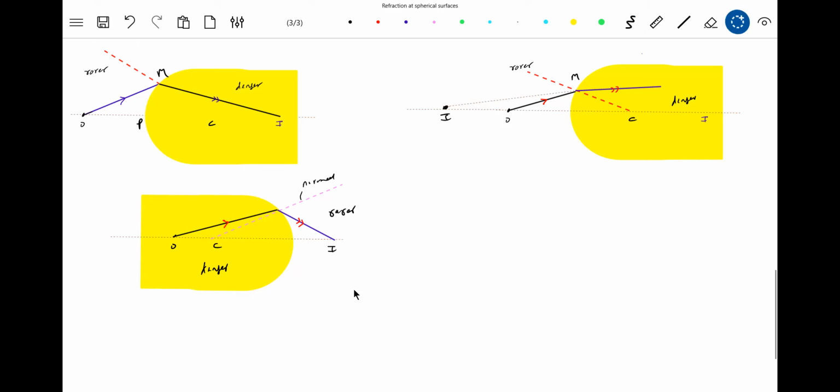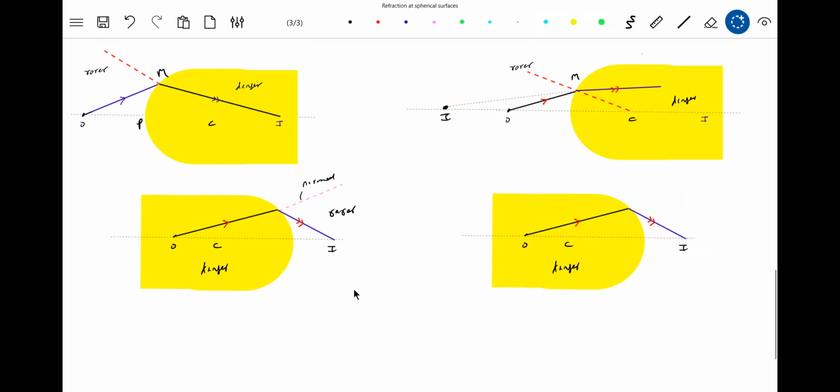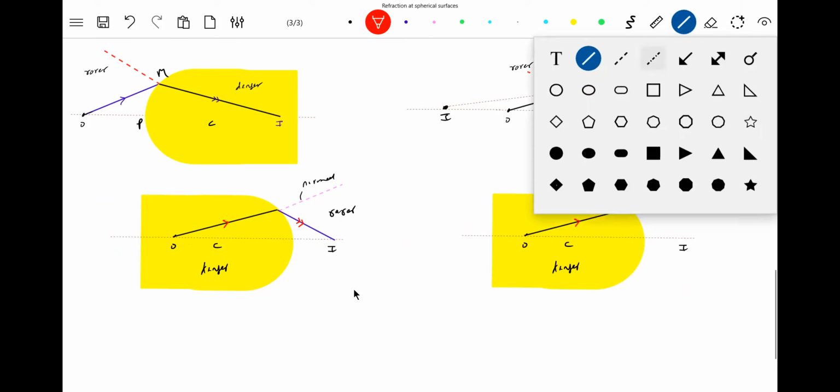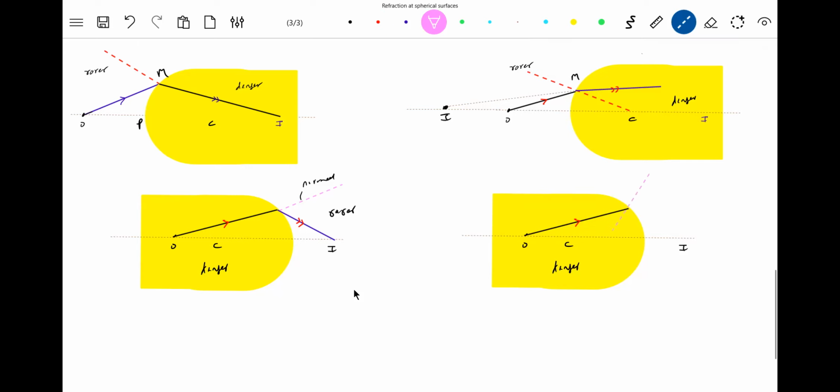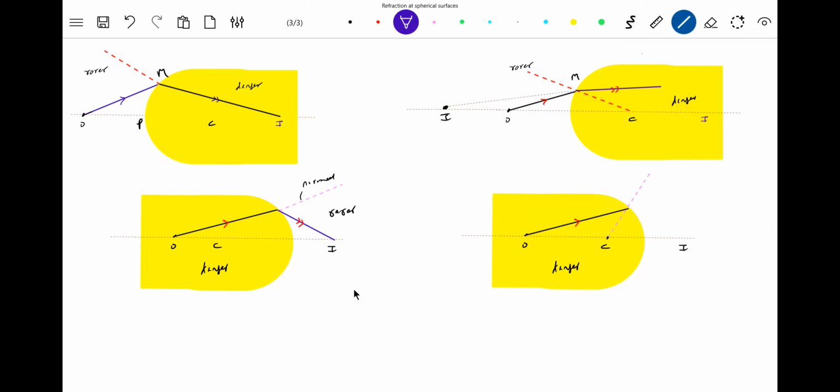Now I'll bring another situation here. Now the ray is moving from rarer to denser. It should bend away from normal.